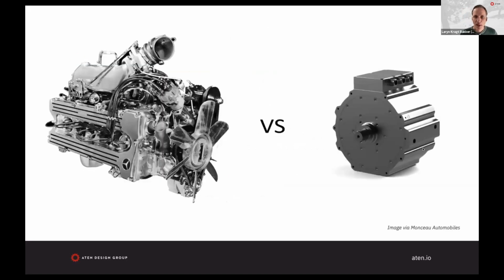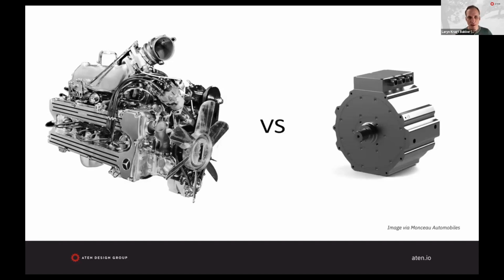I have a metaphor here, which is the internal combustion engine versus an electric motor. The metaphor is, why are costs lower to run the electric vehicle than the gas vehicle?